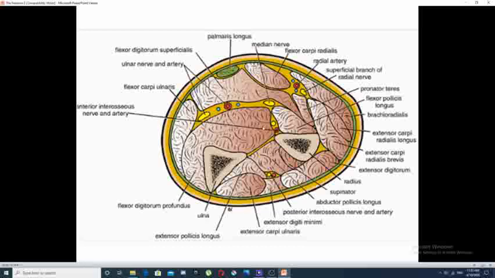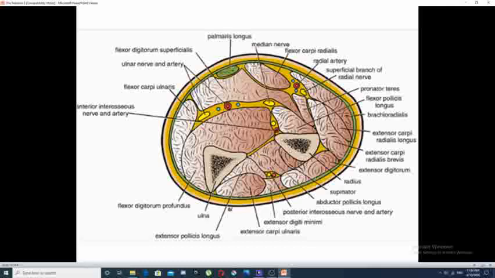This is a transverse section in the forearm, showing the bony skeleton, radius laterally, ulna medially, and the fascia of the forearm encircling the whole forearm and attached to the posterior border of the ulna.